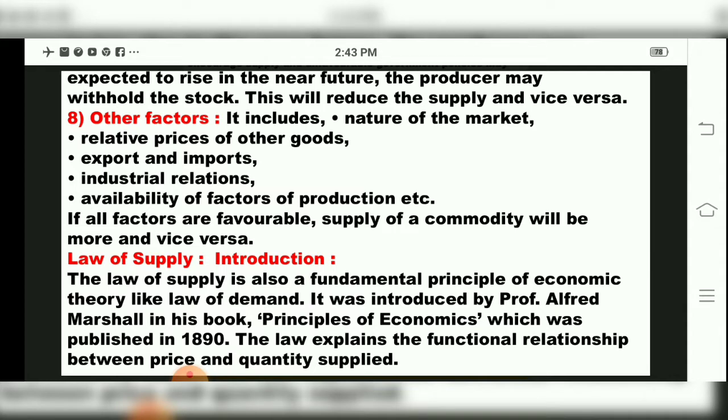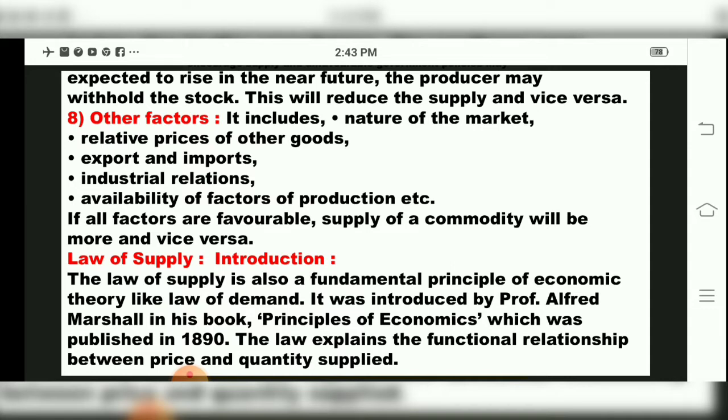Now sometimes the factors are favorable, so supply will be more. But in case of unfavorable factors, if any natural calamities are there, or prices are less, people think that in future the prices will be more, and they stop releasing the stock. Children, I am repeating again, they make a full stop, a pause to release the stock.